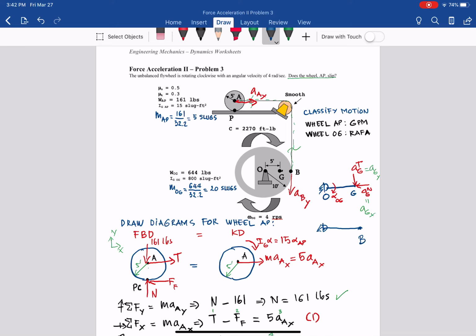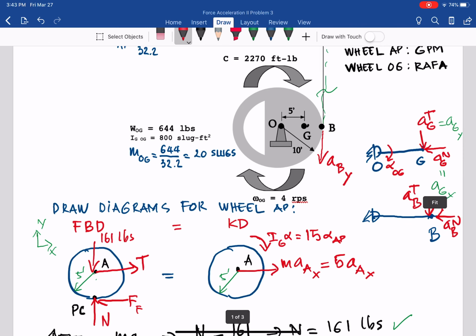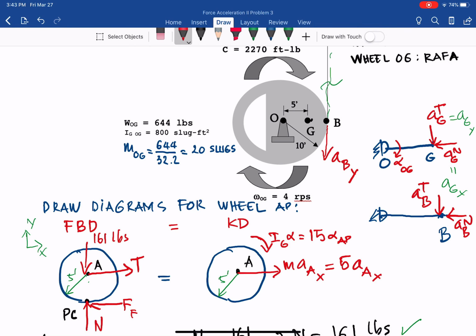So you also have two components, the normal component ABN and the tangential component ABT, and actually ABT will be equal to AX. Everyone okay? Because AX goes in the X direction, ABY goes down vertically, and ABY happens to be a tangential component because they are in the same direction there.